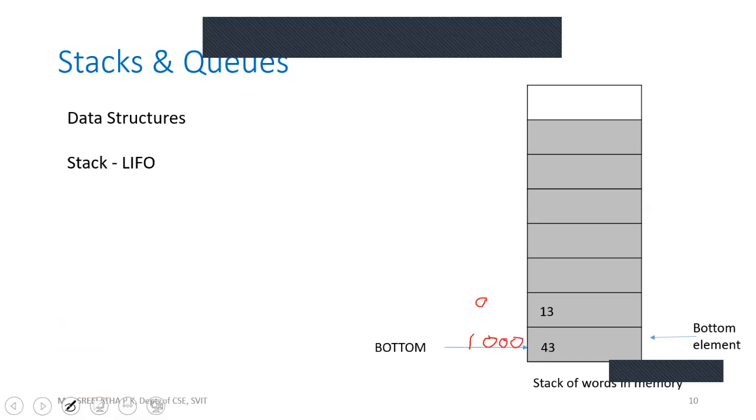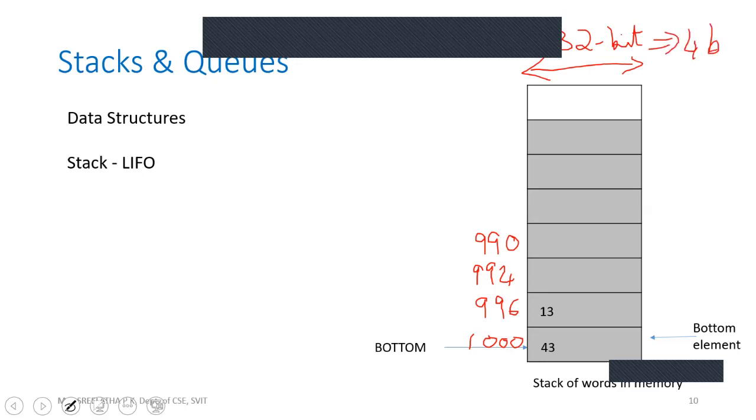I'll take this as 996, 994, and so on. These are different memory locations, memory addresses. I assume that this memory is of 32-bit. So 32-bit means it is of 4 bytes, so for all the addresses, it will be in the multiples of 4.